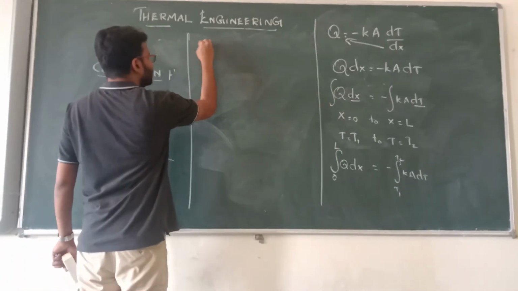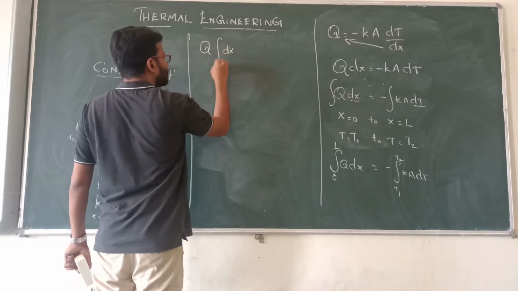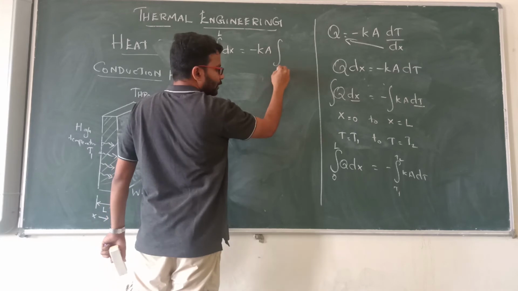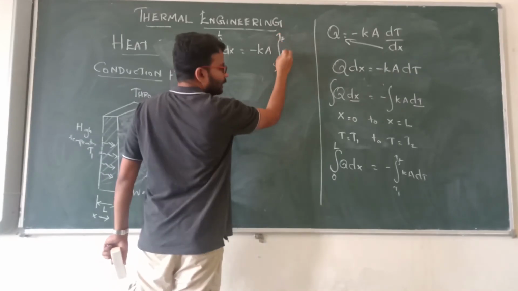Let's take Q outside: the integration of dx from 0 to L is equal to minus KA, which is a constant term, times the integration of dT from T1 to T2.